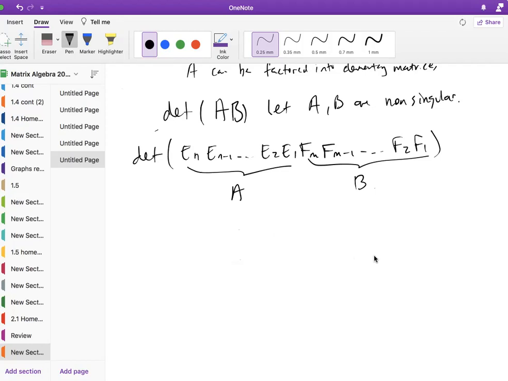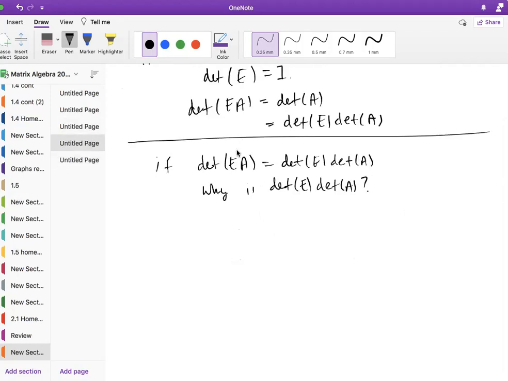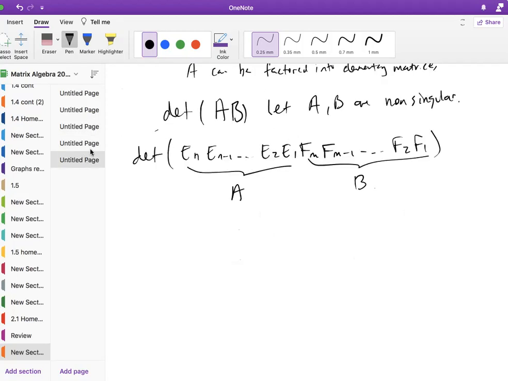See why I can do that? Yeah, so now we've expressed this whole thing as a bunch of elementary matrices, but we just showed that if we have an elementary matrix times something, then we can split up the determinant.